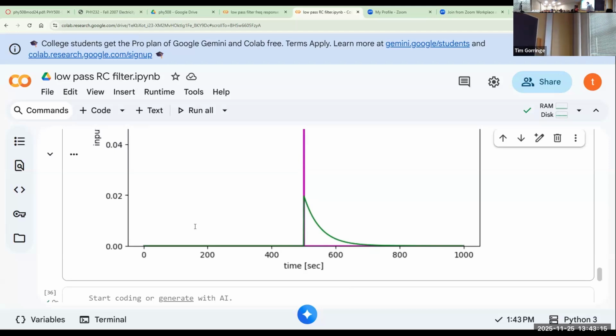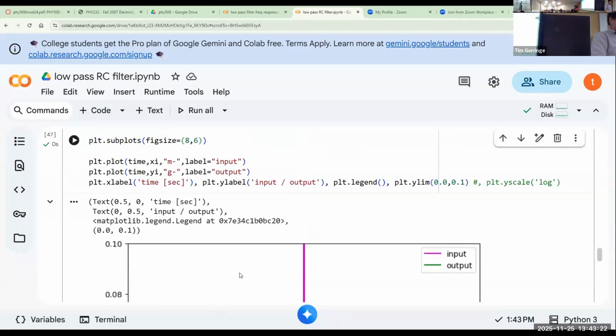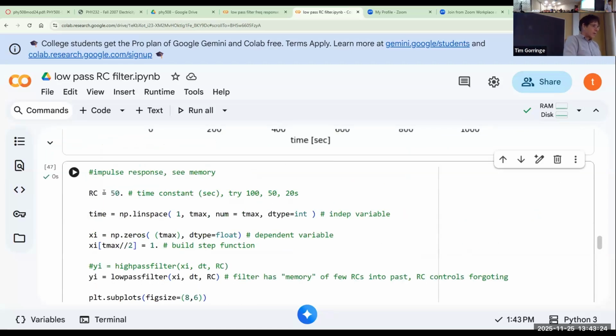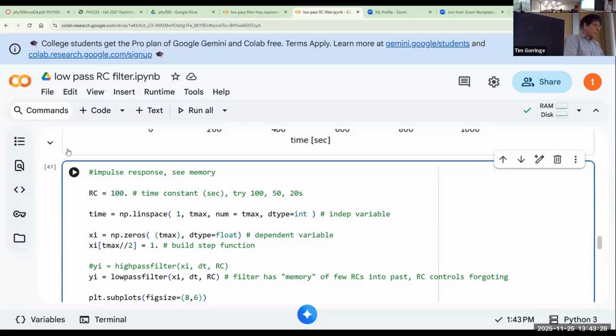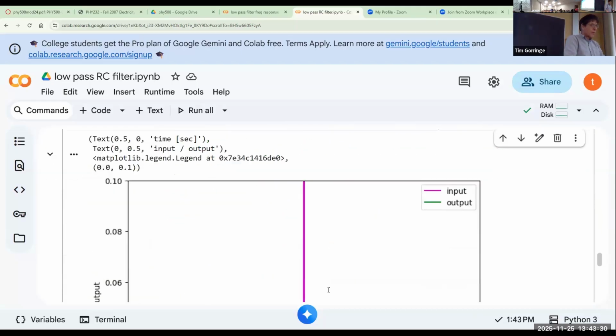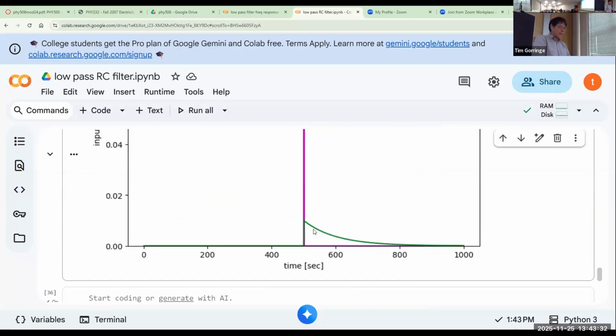Now we've got a longer memory for the circuit. And if I was to increase it to 100, then we would see a 100-second time constant here. And so these are the three ways of characterizing a filter.